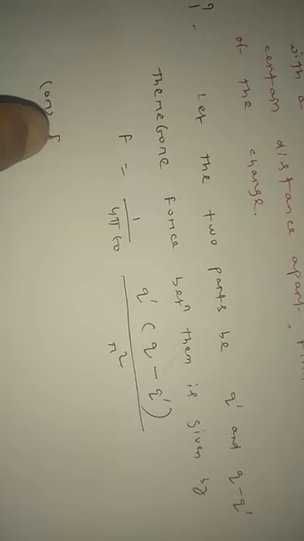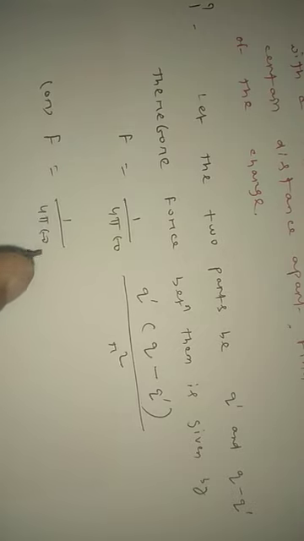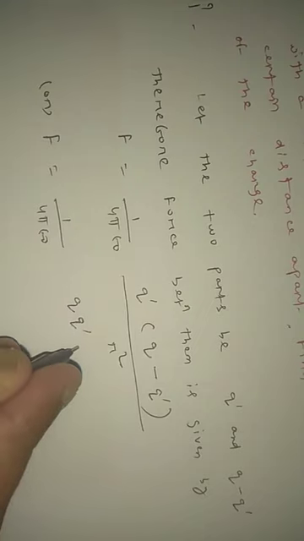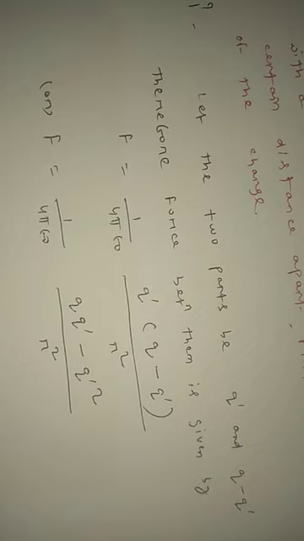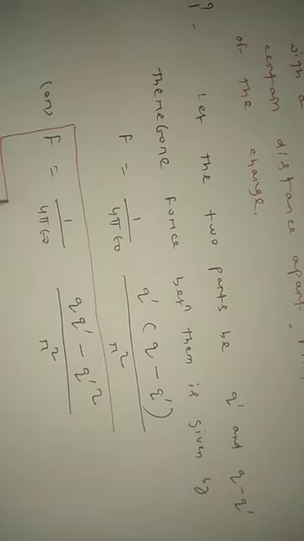So F is equal to 1 by 4 pi epsilon 0 into q into q prime minus q prime square divided by r square. So this is equation 1.